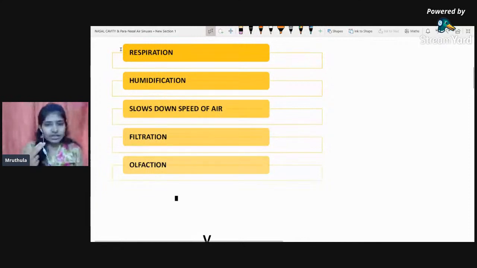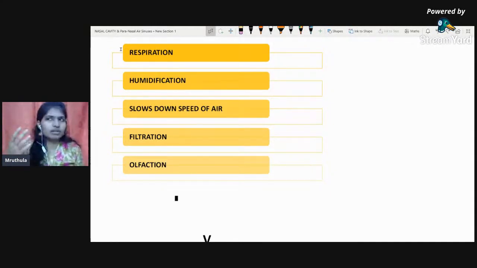For the nasal cavity, just use your common sense. What is happening in the nasal cavity? The air is flowing, and this air enters through the nares. When we breathe in, the nares are the apertures through which the air enters. Then it goes to the nasal cavity, where something happens to this air, and then it goes to the pharynx, larynx, and trachea.